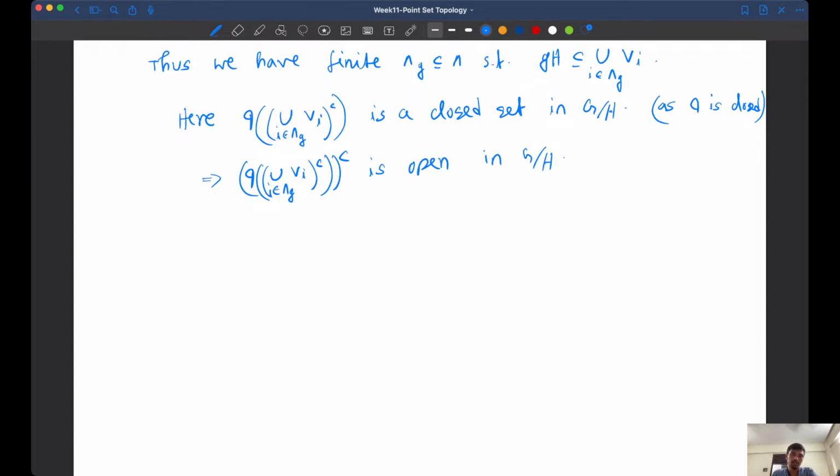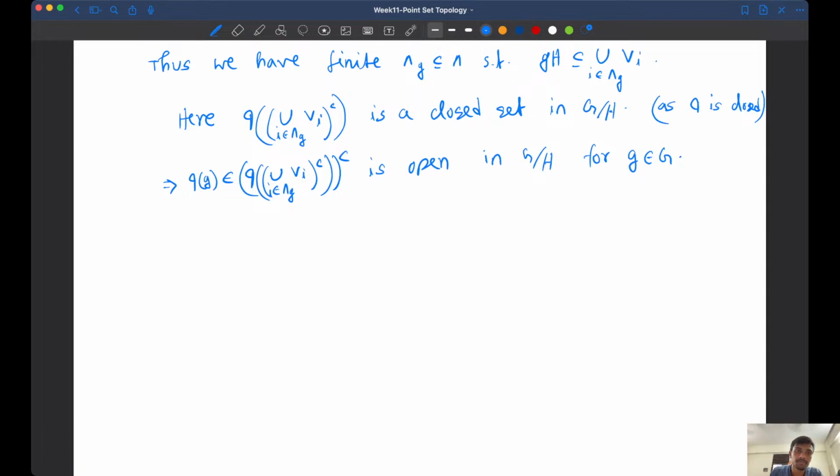Also note that this Q of g belongs here, for g belongs to G. Is it clear why this belongs here? Initially we had that Q of g belongs to Q of the union of these V_i, but I consider only the complement of this thing.